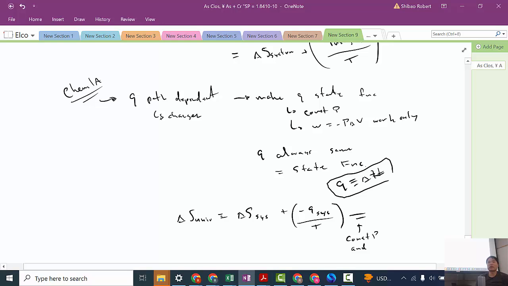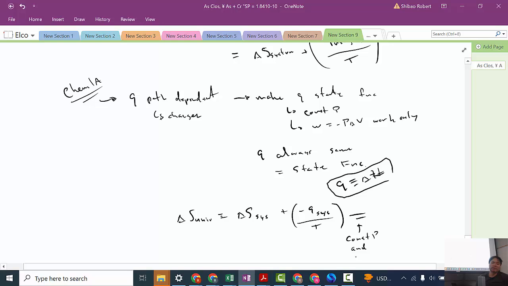Delta H doesn't work for everything. If you try to use a bomb calorimeter and you call that delta H, sometimes you get lucky. When delta N of gas is 0, then delta H and delta U are the same thing. But if you use delta H blindly and use it for bomb calorimetry, you're going to be wrong sometimes. So you have to be careful.